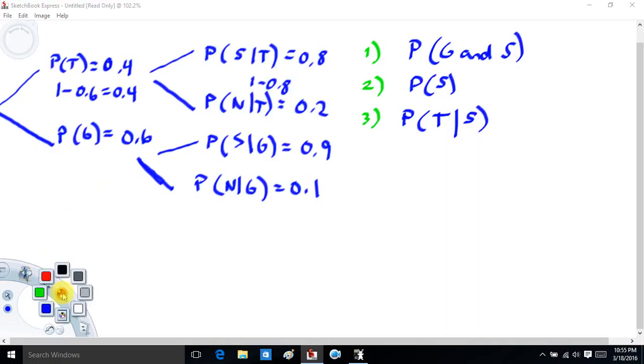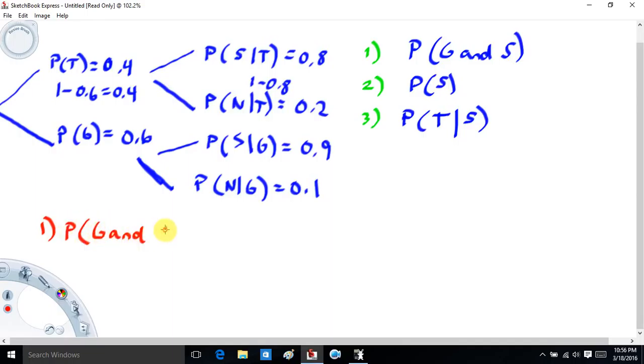Alright, so now let's work on number 1. Probability that we had Coach George and we got a scholarship. The probability that we had Coach George and that we got a scholarship is the following.